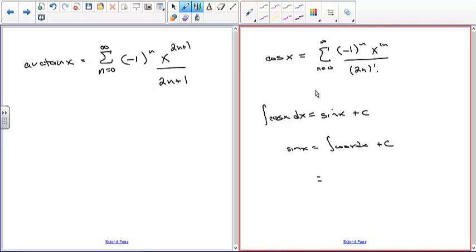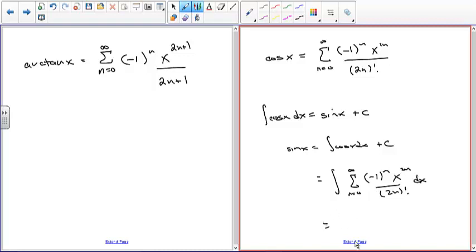And for the cosine, I put in this series representation of the cosine, which is negative 1 to the n times x to the 2n over 2n factorial dx.